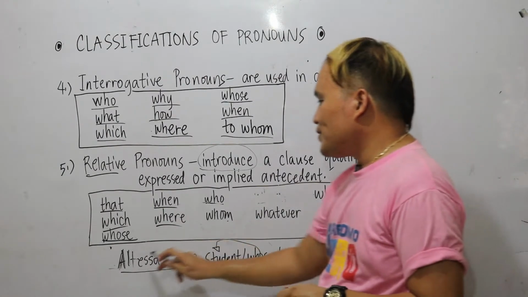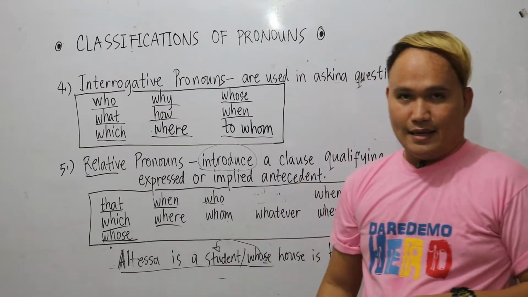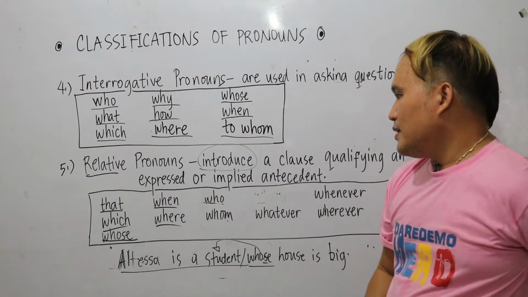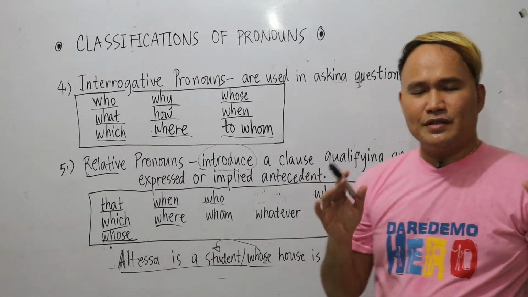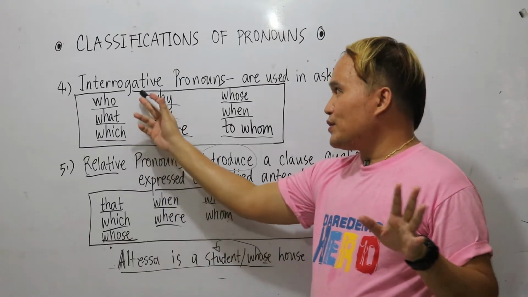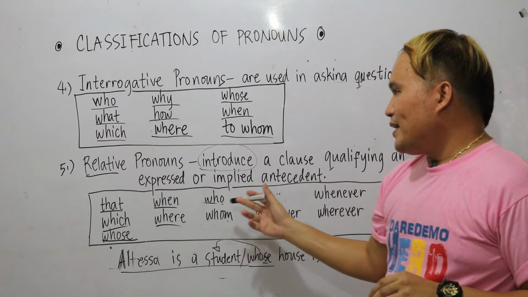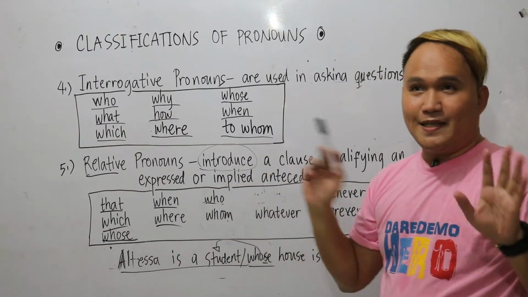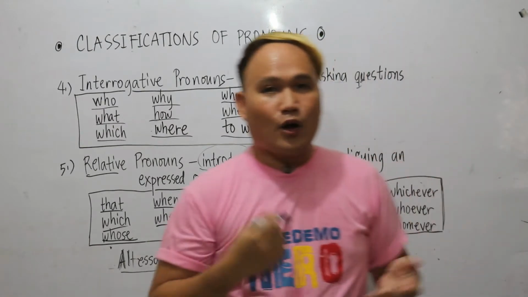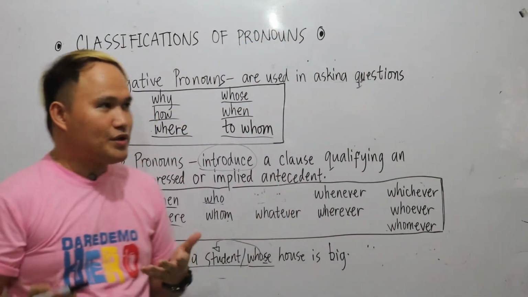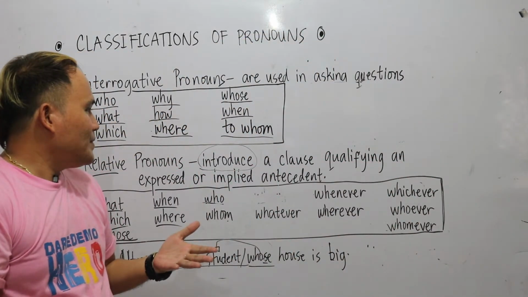Whose here refers to Altessa, the subject in the sentence. So relative pronouns differ from interrogative pronouns in that they only introduce; they are not used to ask questions.